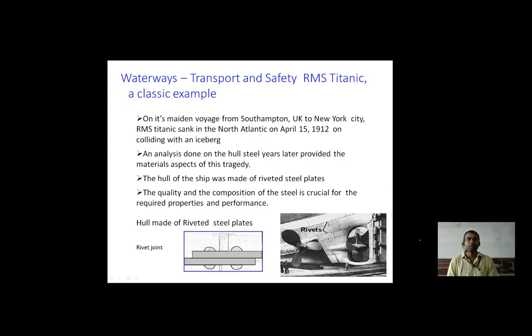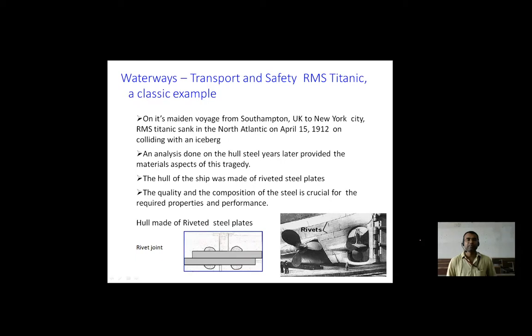In the continuation of that introduction, we have reached the waterway system, that is, how materials affect the transportation and safety in the waterways.